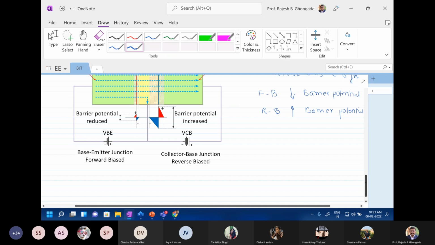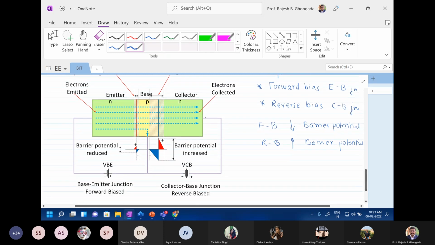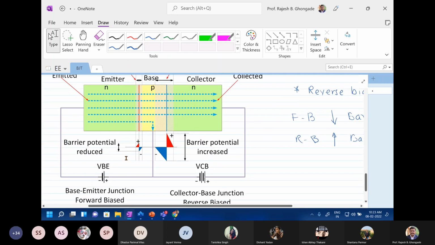Yes, sir. Now in this situation, what we are doing is we are playing a very simple trick, and that is we are forward biasing the emitter base junction or base emitter junction and reverse biasing the collector base junction. तो इससे क्या होने वाला है?